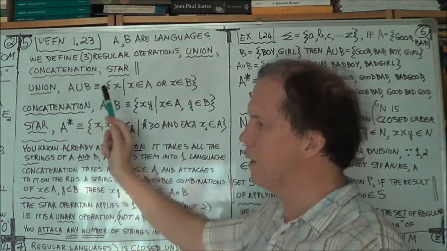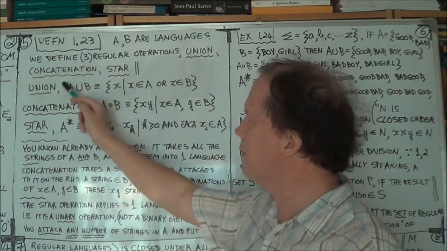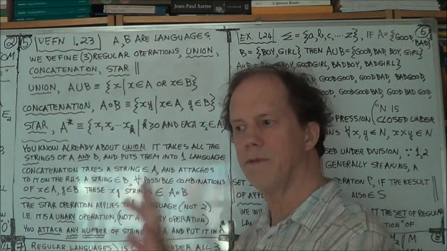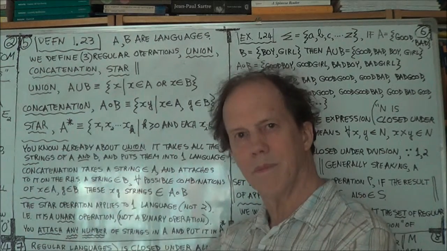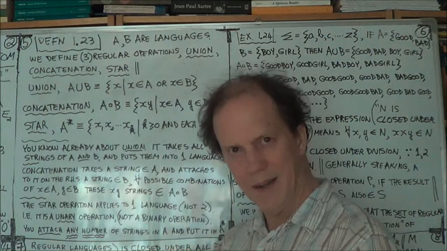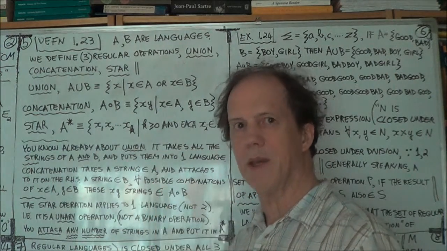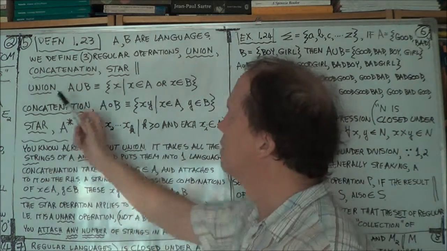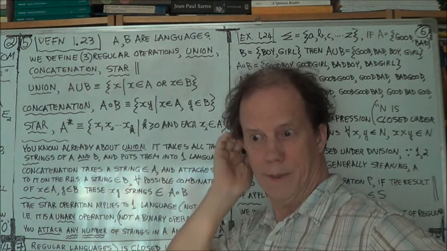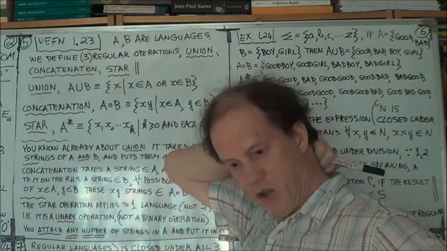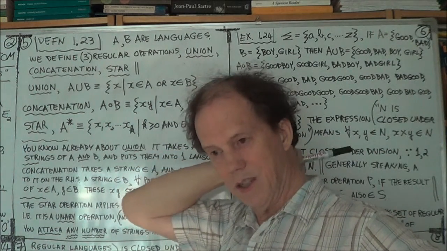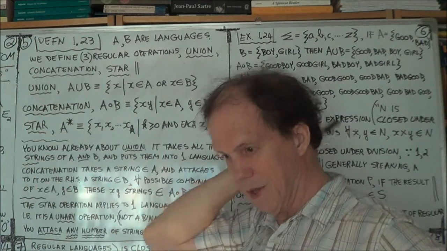That's A union B. The elements of this language are just all input strings of both: the input strings of language A and the input strings of language B. So that's an example, fairly simple, of operating on 2 languages to create one bigger language. It's just the union of the two languages, A and B.